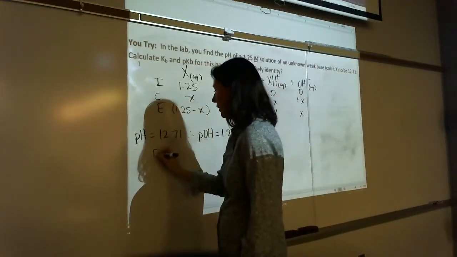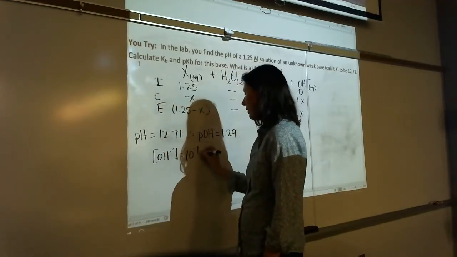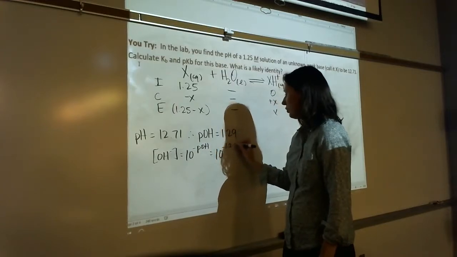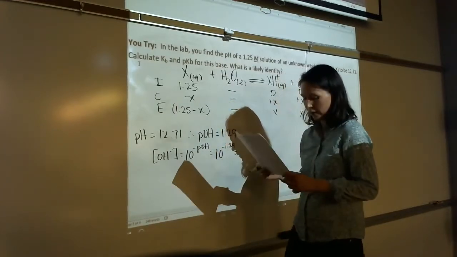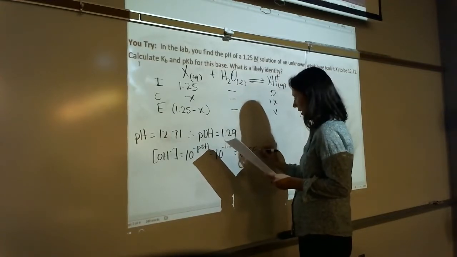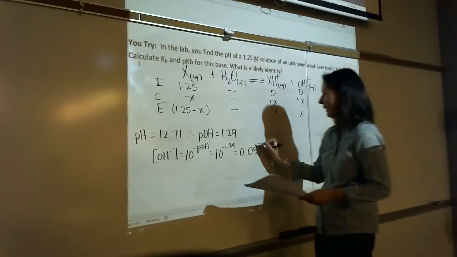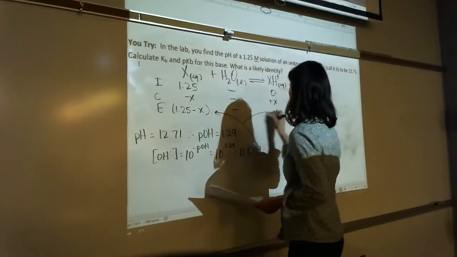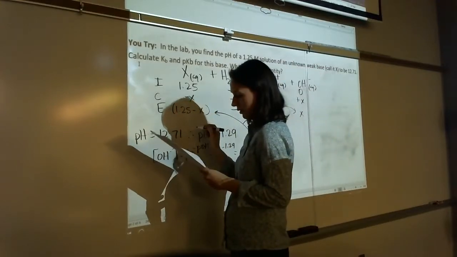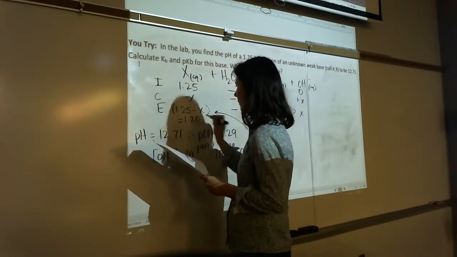Correct. Yes, we can. So hydroxide concentration is just 10 to the negative pOH. So that's 10 to the negative 1.29, which I got 0.051. So when you plug that back in, that in here and that in here, we're only keeping 2 decimal places here, so that would be 1.20.